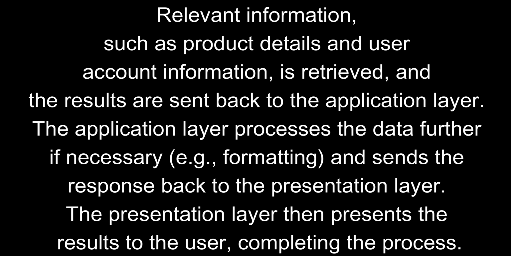Relevant information such as product details and user account information is retrieved, and the results are sent back to the application layer. The application layer processes this data further if necessary, for example formatting, and sends the response back to the presentation layer. The presentation layer presents the result to the user, completing the process.